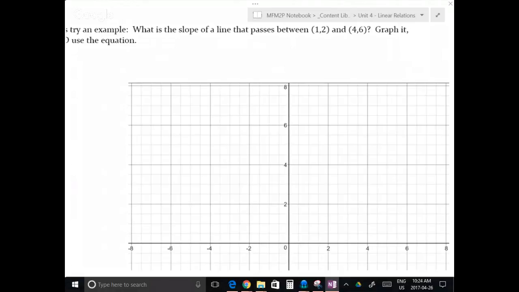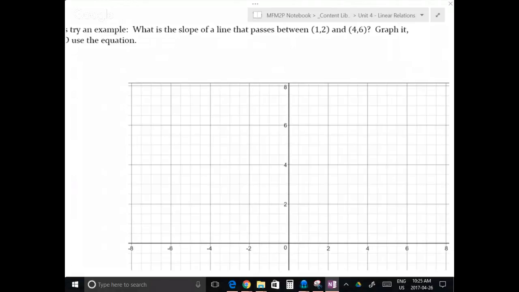Okay, that's okay, because I put like (1, 2), right? So 1, and then you go over 1, and then up how many? Up 2.